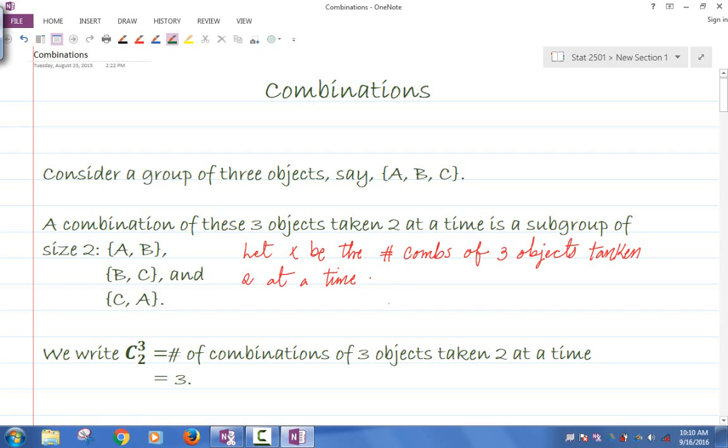So here's what I want to ask you first. What is the number of permutations of three objects taken two at a time?